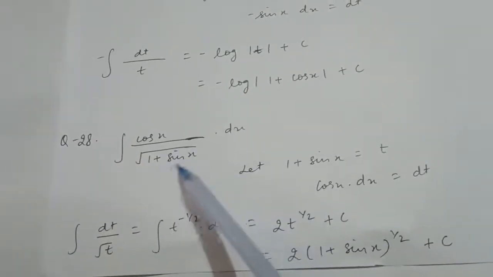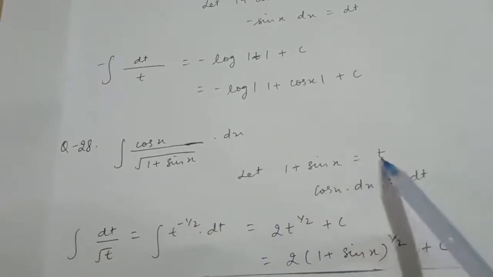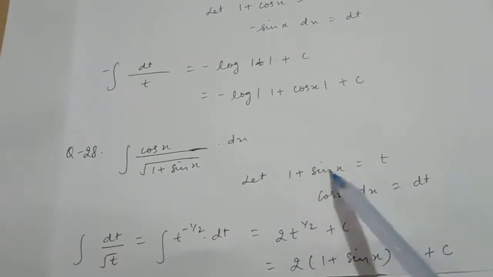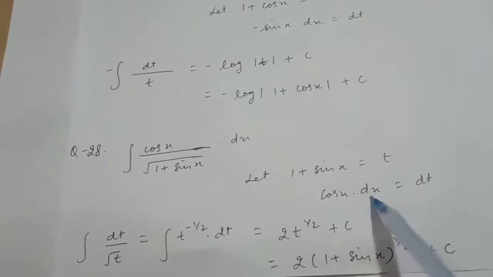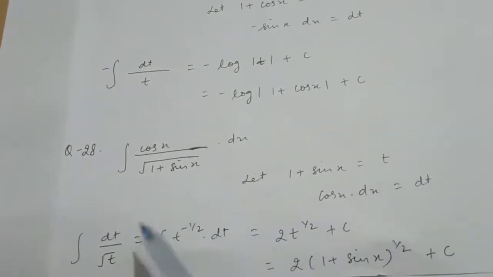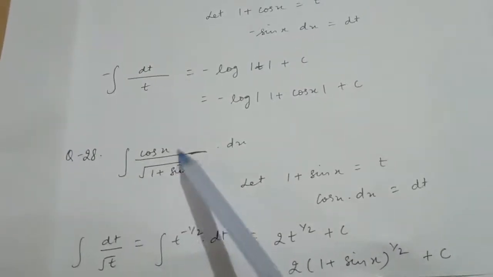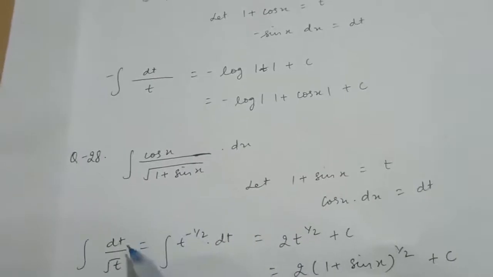Now question number 28 is the integral of cos x upon root 1 plus sin x into dx. So let 1 plus sin x, because it is inside the root, be equal to t. So the derivative of 1 is 0 and of sin x is cos x, into dx equal to dt. So the integral will now become root t in place of this, and cos x dx is dt.